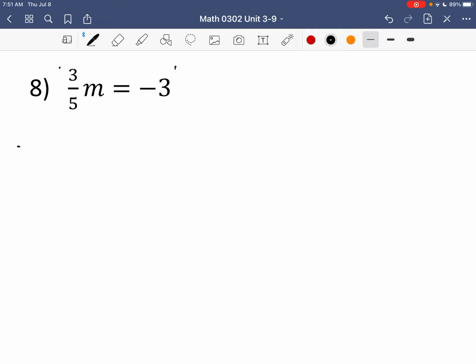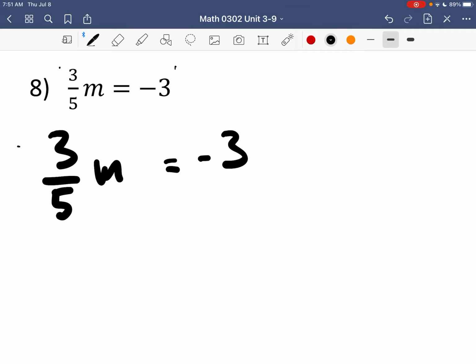So let me do it like this. 3 over 5 m is going to be equal to a negative 3. Again, we have the multiplication here, so we'll use the division property of equality, so we'll divide by 3/5.